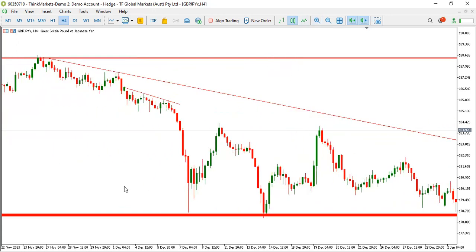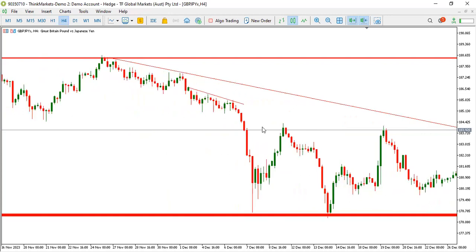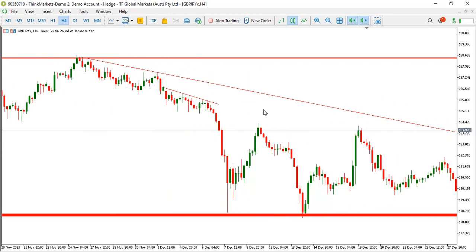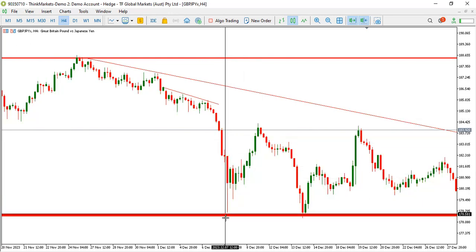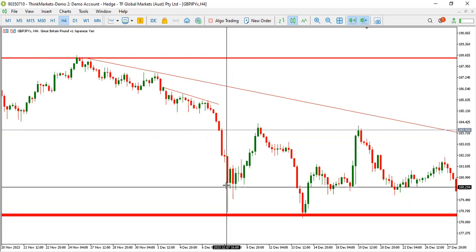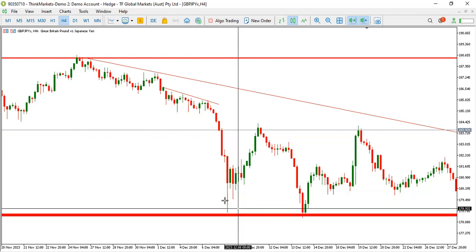So now if you look at the chart, you see that price dropped all the way to this point, which was our support level, and moved way to the upside and created a rejection.